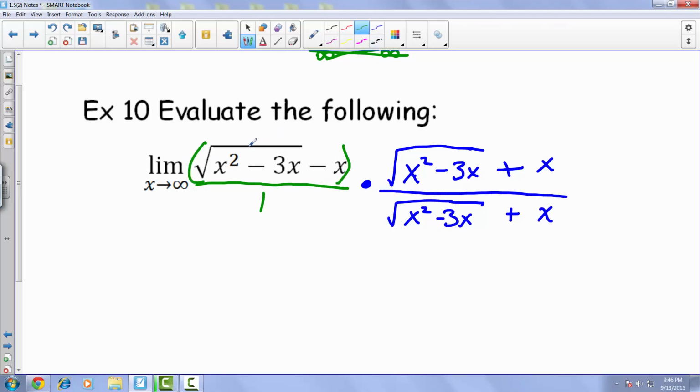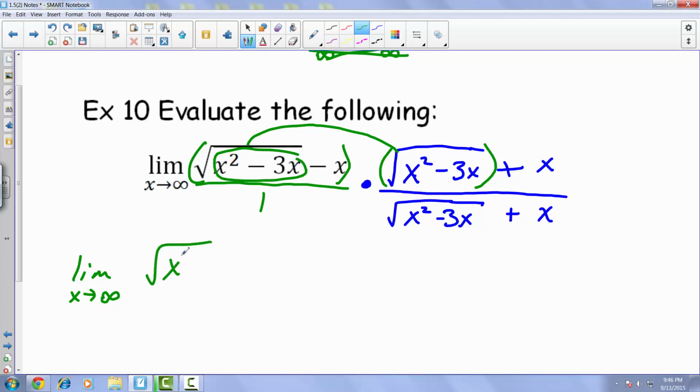Now going ahead and foiling this, we have this first piece times itself. Essentially, you have a square root and you're multiplying it by itself, and as a result you are basically squaring it, and you're left with what was just underneath. I'm going to show the process so you can actually see it. We have the square root of x squared minus 3x, and because we're multiplying it by itself, you are squaring that.